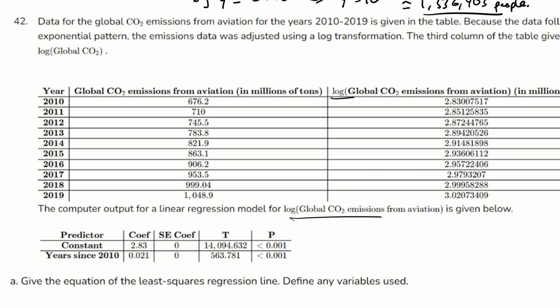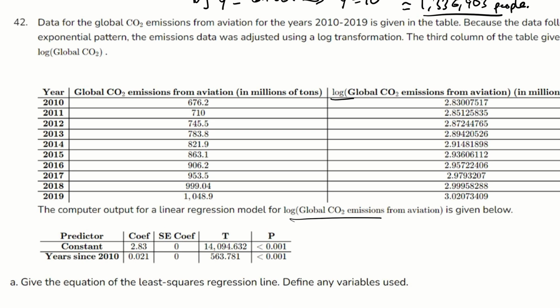All right, so the year, this is going to be year since 1910, X. So X equals 0, X equals 1, 2, 3, 4, and so on.